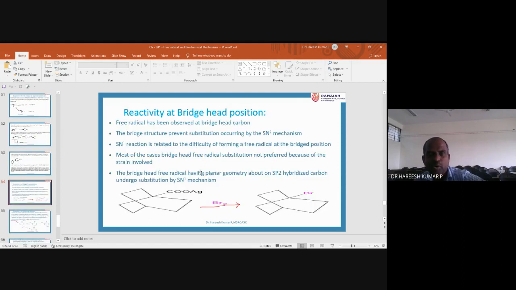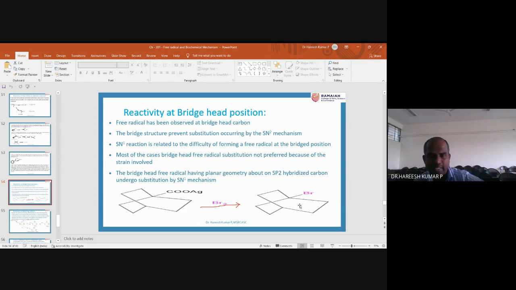So next is about the reactivity at the bridge head position. So now this position is called bridge head position. It's a name reaction. I think Hunsdiecker reaction. So conversion of silver carboxylate into halo compounds.